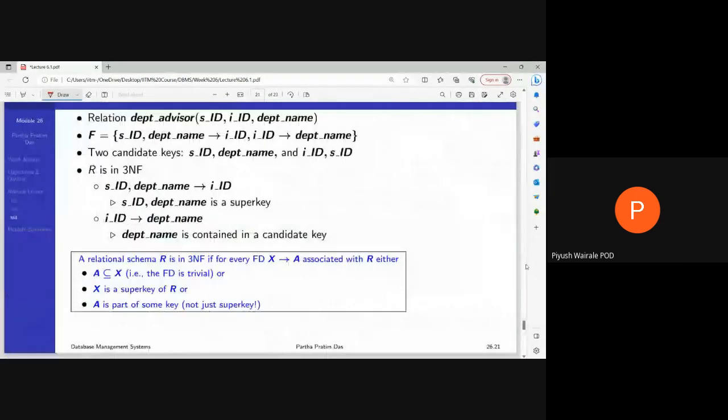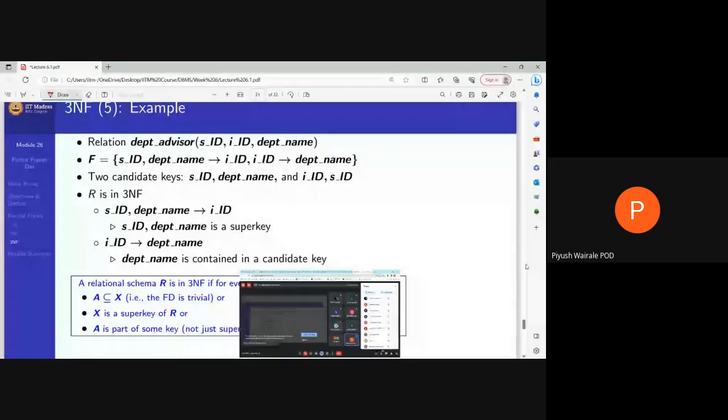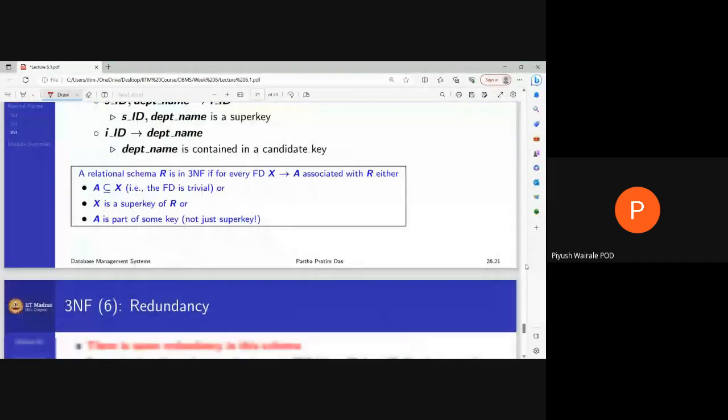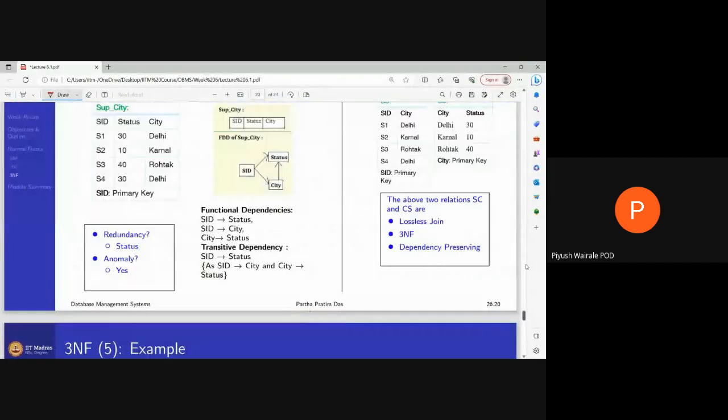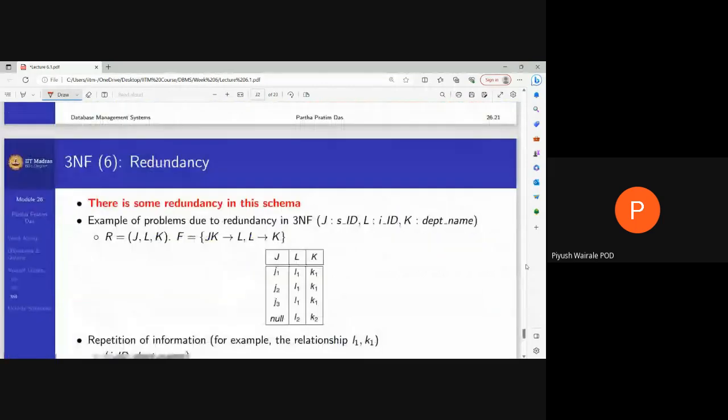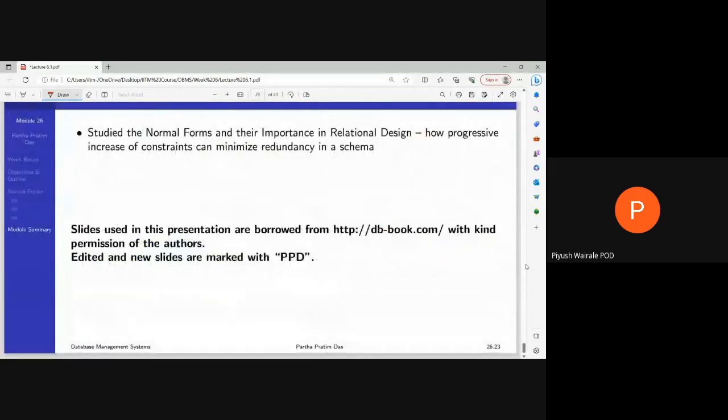Let me summarize the concept. I will take a few examples, which will be more clear. So there are different normal forms. The first one is 1NF. What is the condition for 1NF?